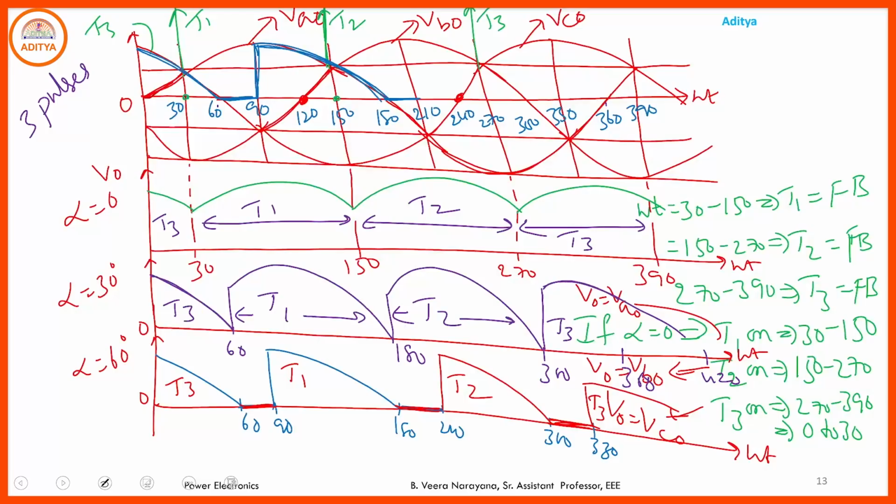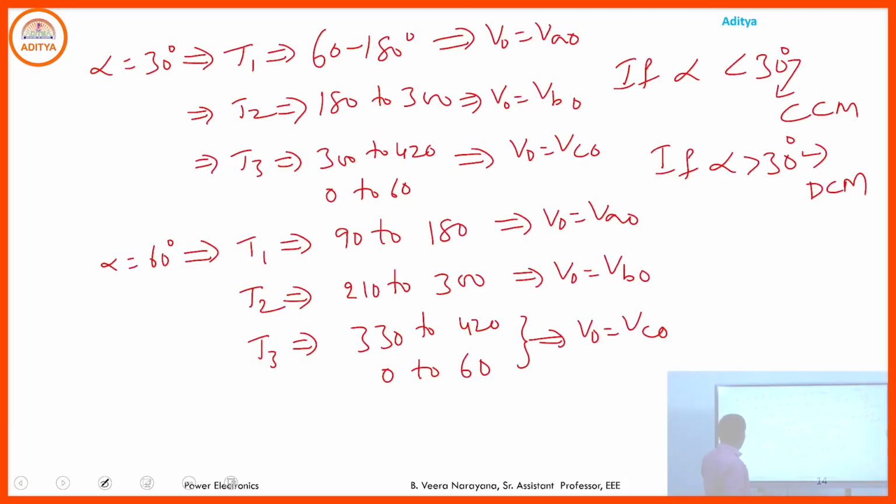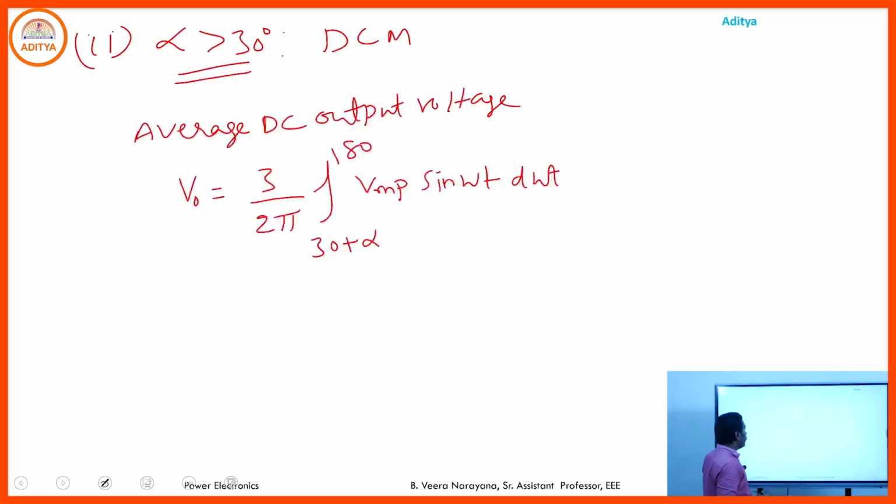Alpha equal to 60 gives 60 plus 30, 90 to 180. If you choose alpha equal to 90, it is 120 to 180. So the ending portion is 180. Why? Because after that 180, negative source will be available across the thyristors. Hence the maximum limit is 180 and the minimum is 30 plus alpha.